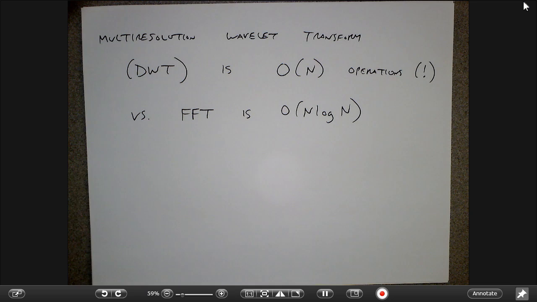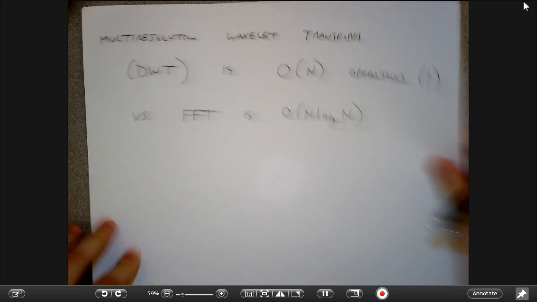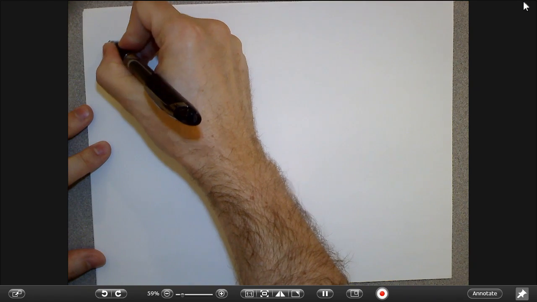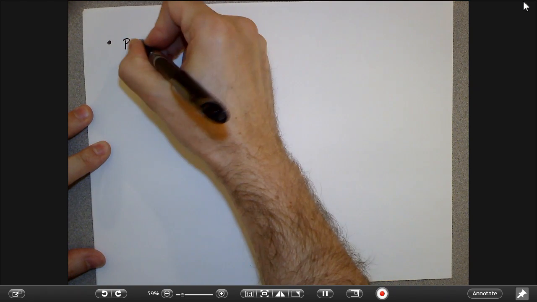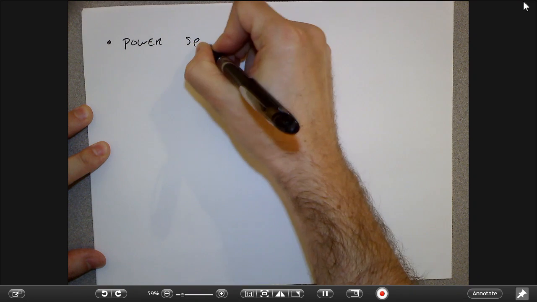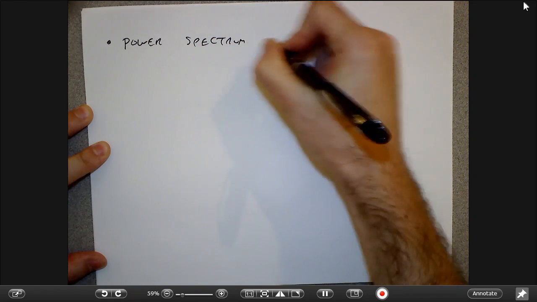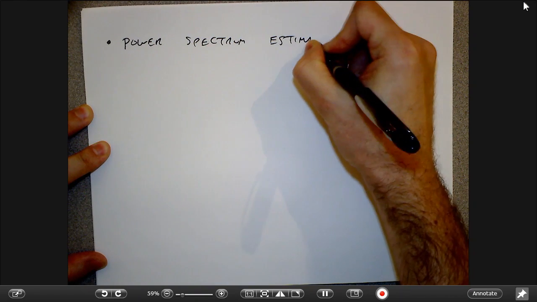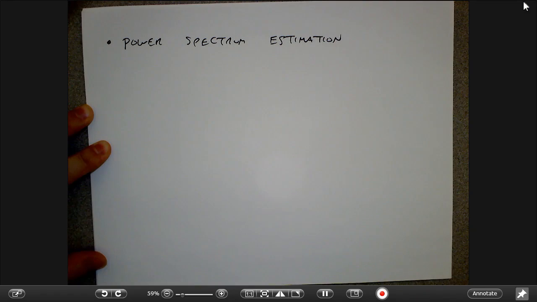Okay, so let me wrap up with a couple of comments about directions of DSP I didn't really talk about. One thing I didn't talk about in class because, frankly, I find it kind of boring, but it is important, is power spectrum estimation. The short form is that it's the Fourier transform of the autocorrelation of the signal.